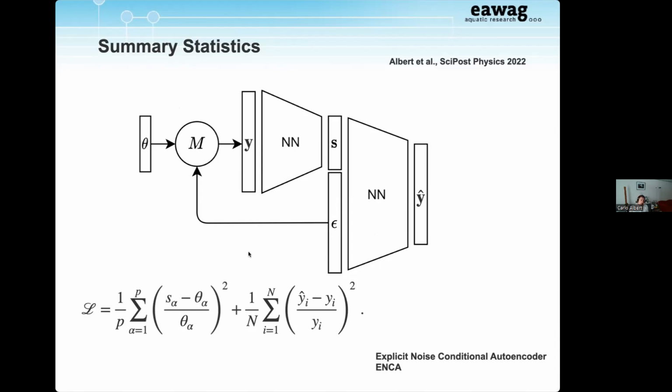We realized that it's also a good idea to use regularization. So our loss function would be, on the one hand, a loss function for the generated output y hat. But then we realized it's also a good idea to say that this bottleneck has dimension q, and q is a bit larger than p, the number of parameters. So we use the first p slots here as parameter estimators.